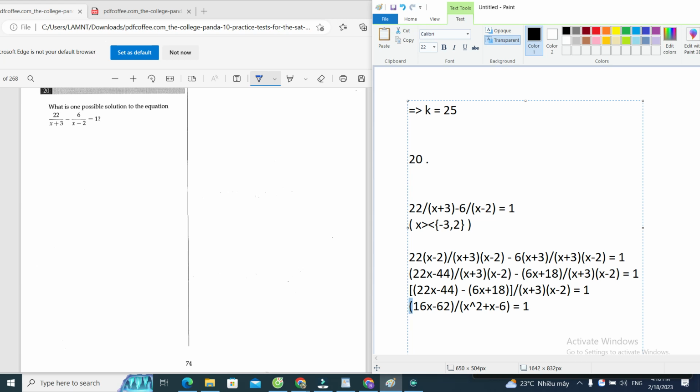Because the numerator over the denominator is equal to 1, the denominator and the numerator have to be equal.